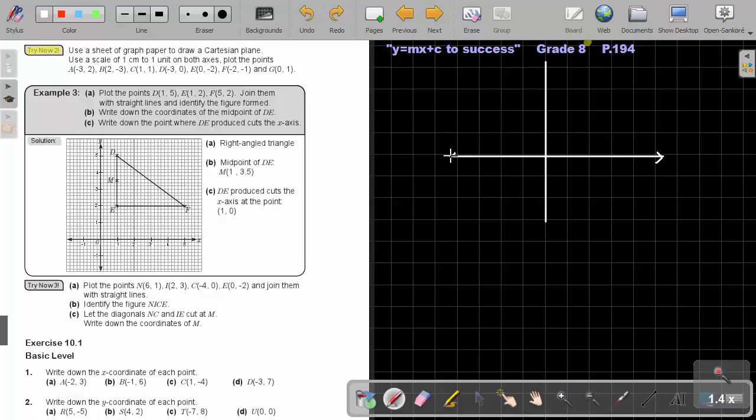So this is now my axis. Don't forget that this is the x-axis. And this is called the y-axis. If it's singular, you put an I, and if it's plural, you put an E. So there's 0, and then I can just make my little lines.